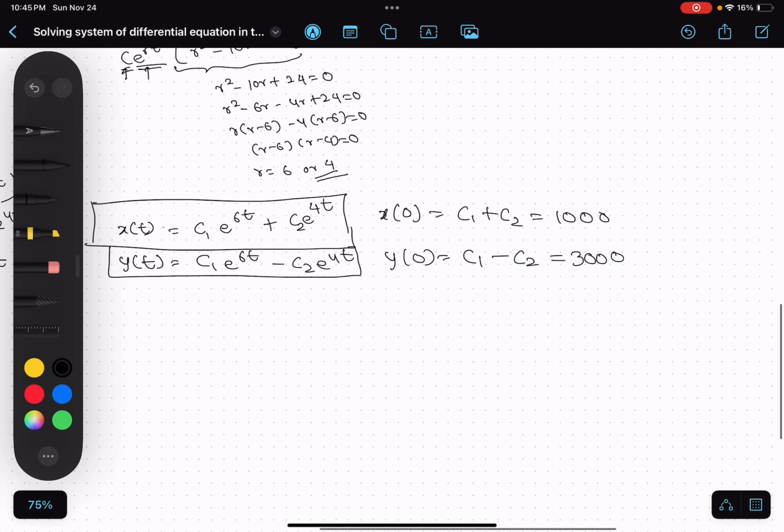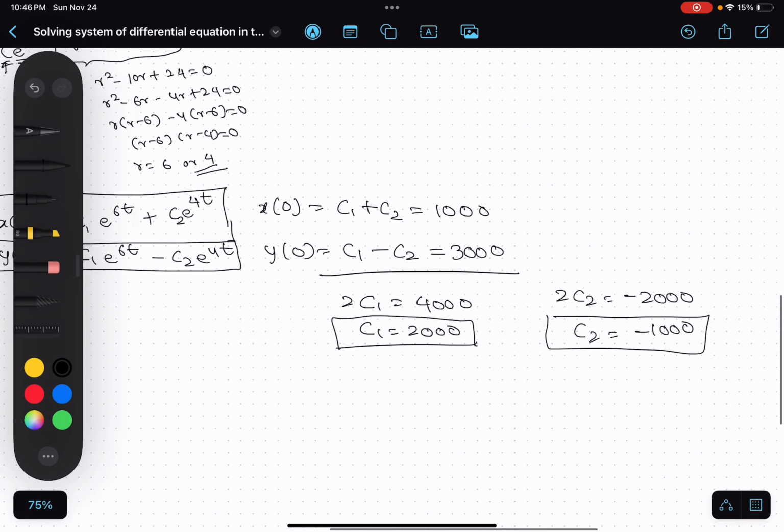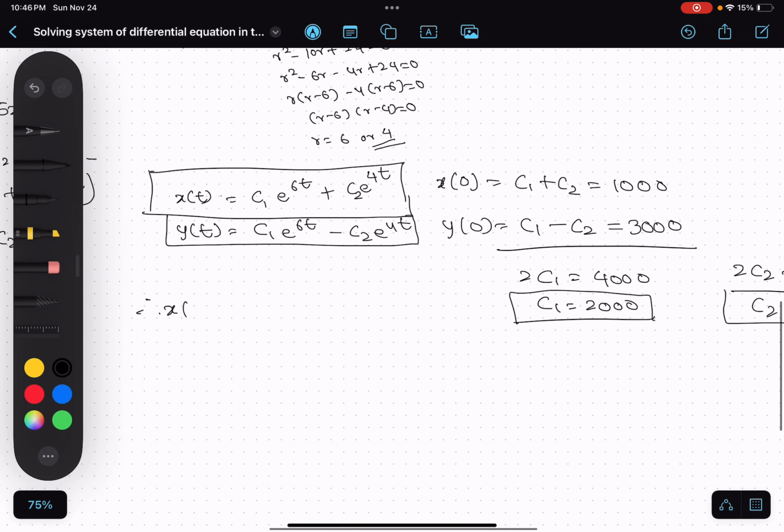Adding, 2c1 is 4000, so c1 is 2000, right? And if we subtract these two equations, we have 2c2 equals negative 2000, so c2 equals negative 1000.